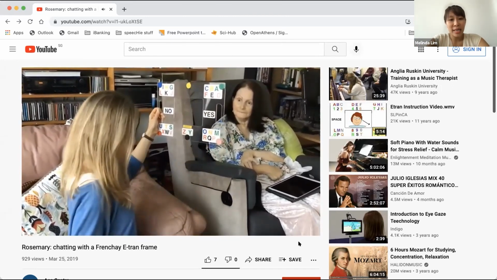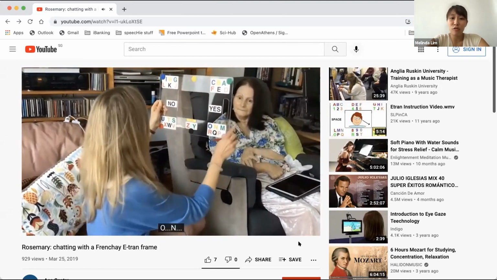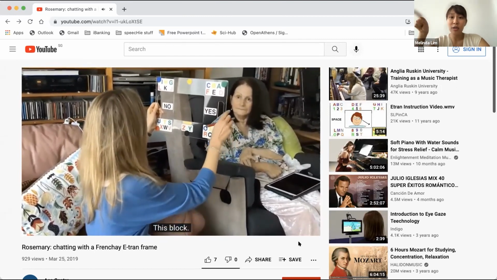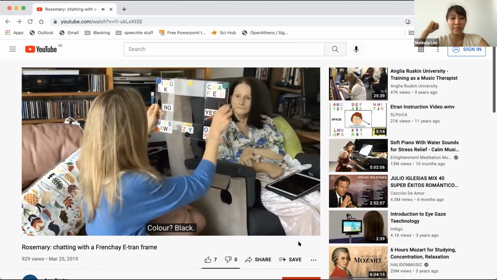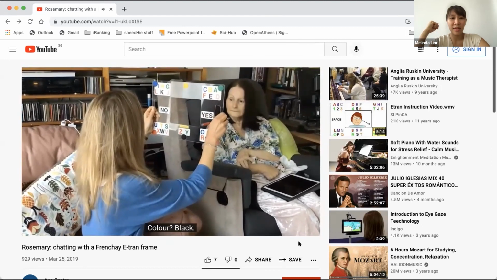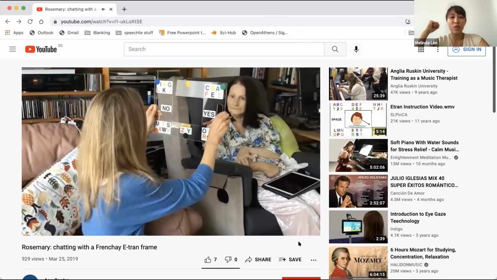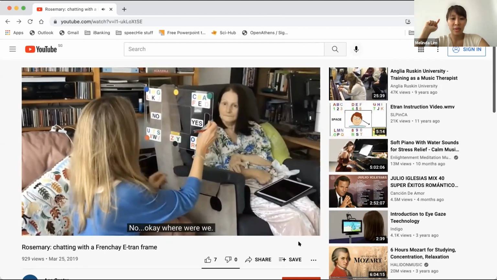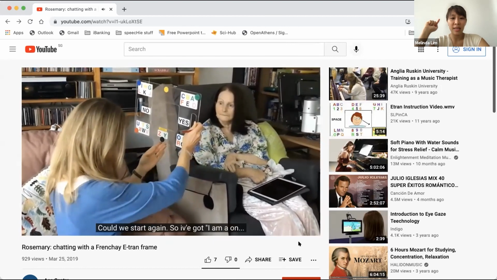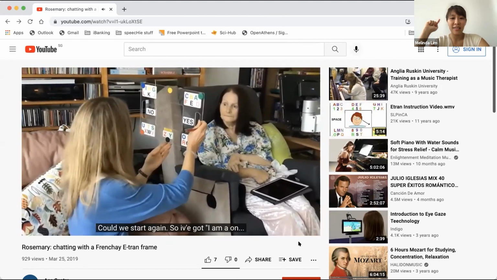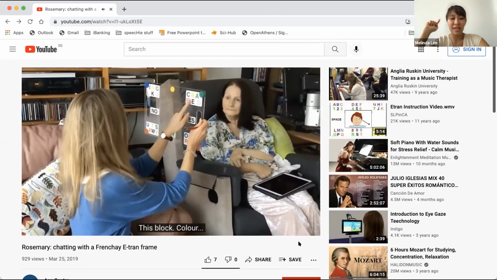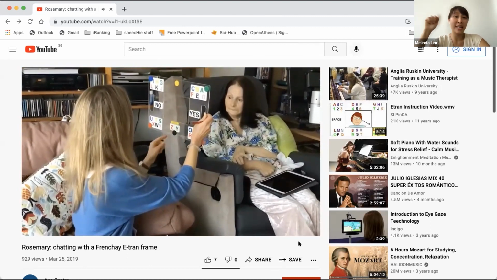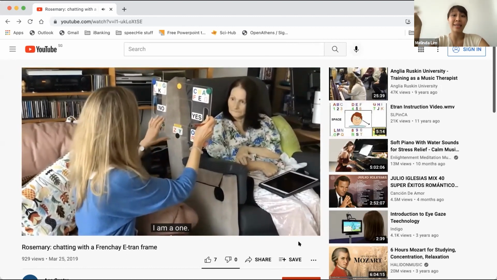Okay, so what this lady is doing is, firstly, she's looking at the block of letters. Once we confirm the block that she has chosen, once we've got the block, then we ask them to look at the color.